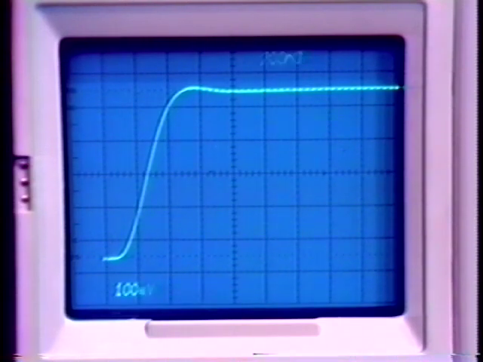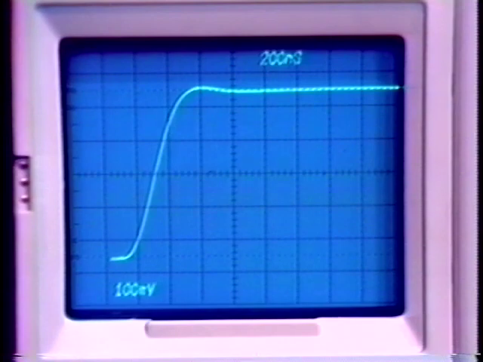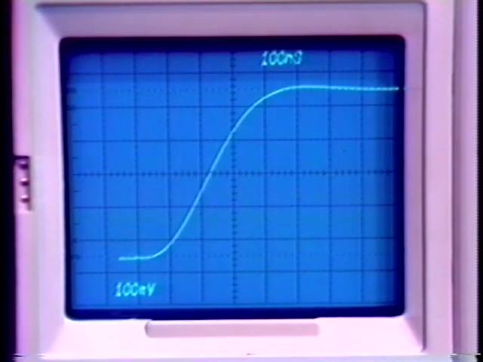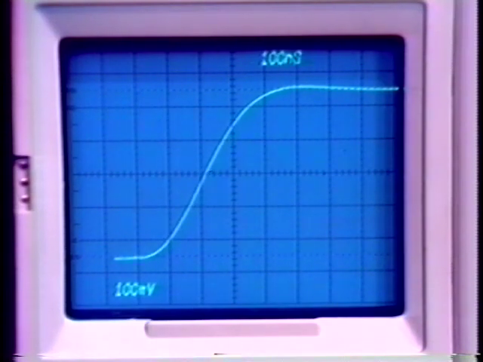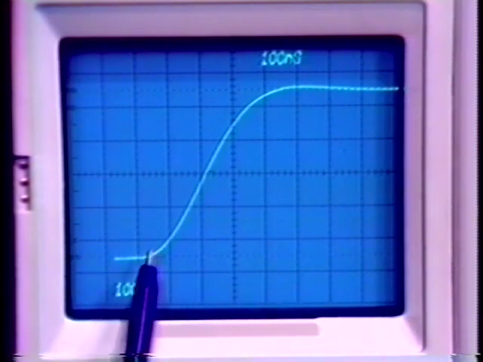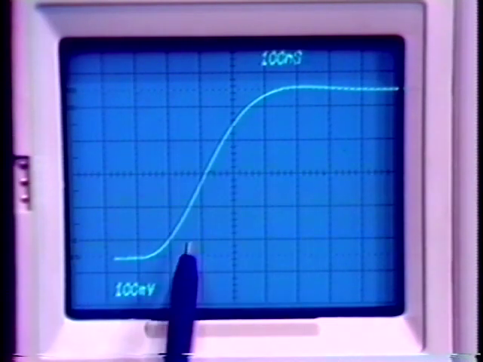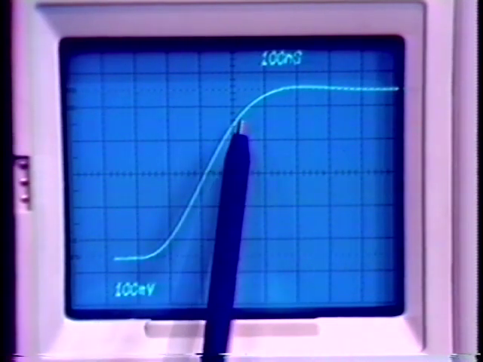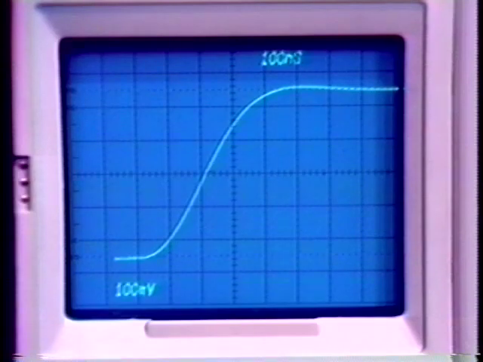We can measure the 10 to 90% rise time in this case. Let me go back to 100 nanoseconds per division. Here's 10%, 90%. Let's see, we have 1, 2, about 2.5 divisions.